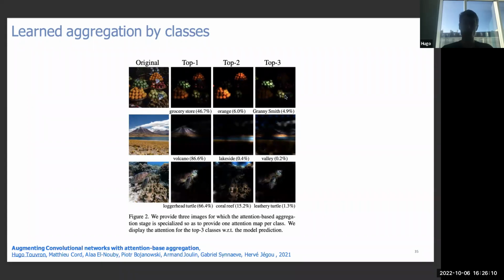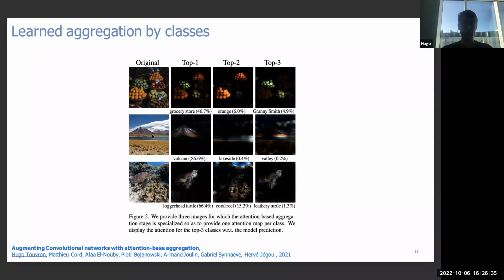So this kind of property can be very interesting to understand and interpret the prediction of the network. For instance, with the second image, we can have different concepts in this image. We have volcano, lakeside, valley. So maybe on the ImageNet dataset, the label of this image will be volcano because maybe it's a more important concept in the image.